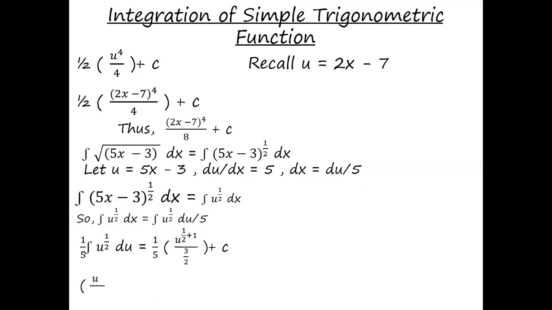Then we'll recall that u is 3 over 2 divided by, 15 all over 2. Mind you, we multiply the numerator with this numerator. So that gives us u raised to the power of 3 over 2 over 1 divided by 15 all over 2 plus c.